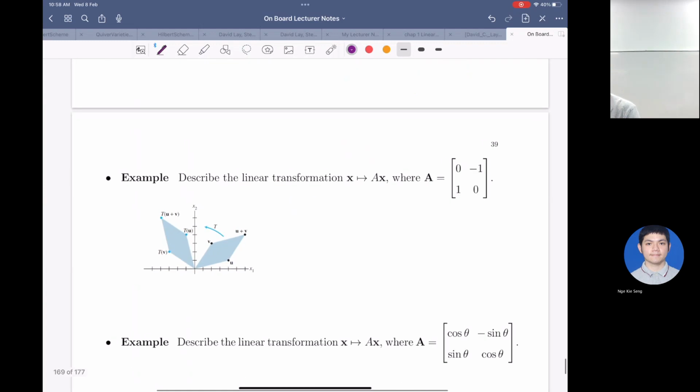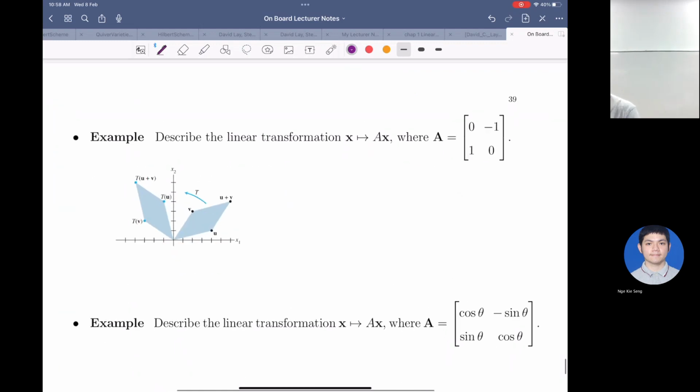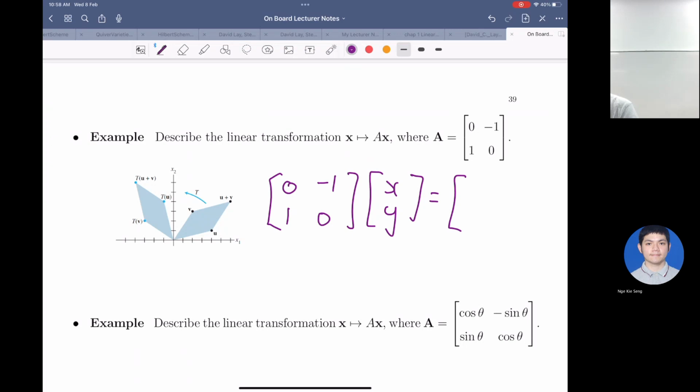And then how about if we change the diagonal bit? What happens? Let us apply it to (x, y), and we will get (-y, x). First of all, x and y are swapped, and y becomes minus. So actually, this is a rotation. You can verify this.